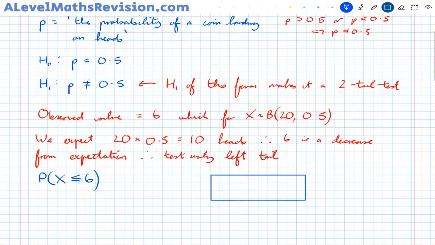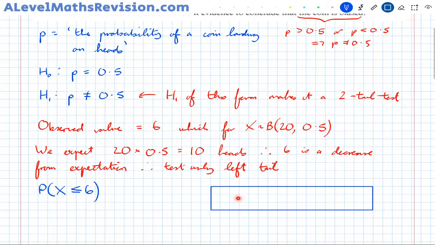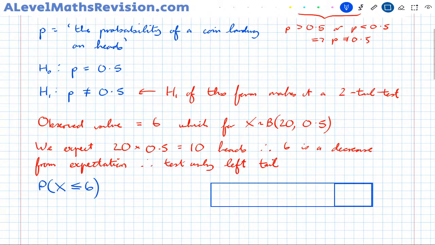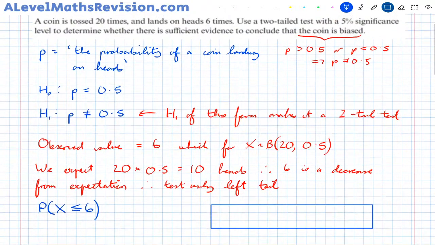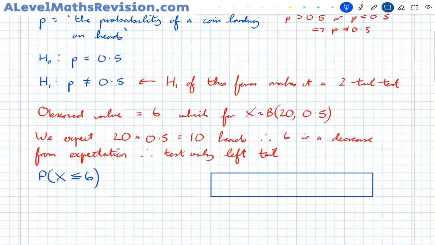So you saw my probability diagram last week, where if we were testing to the left, we reject the bottom however many percent, and if we're testing to the right, we test the top 10%, or whatever the significance level was, in this case 5%.